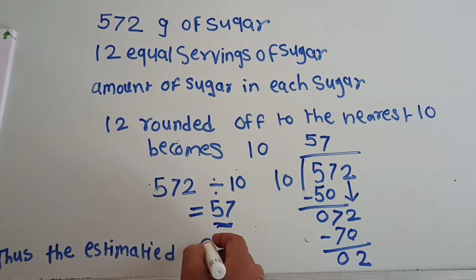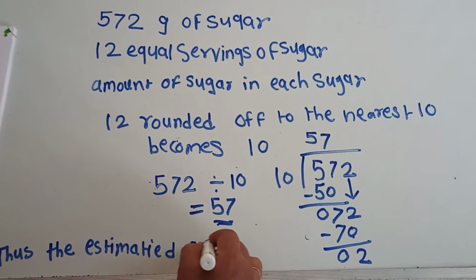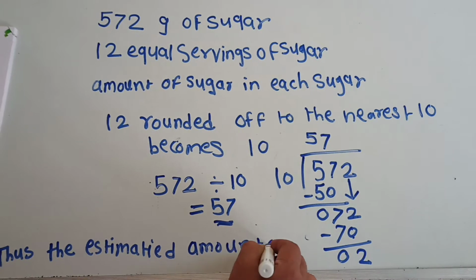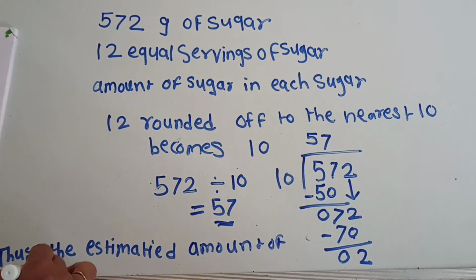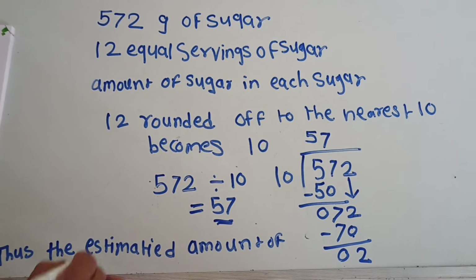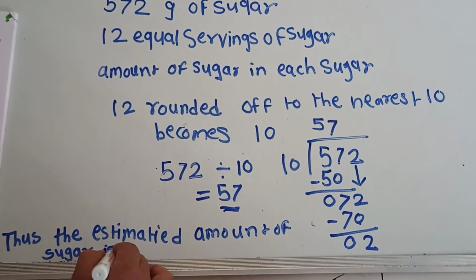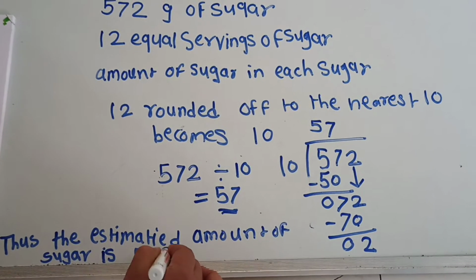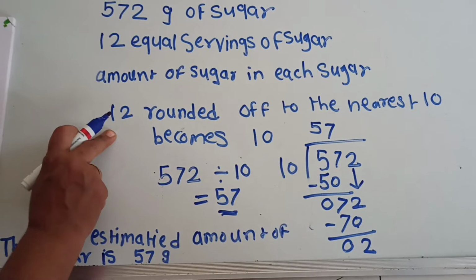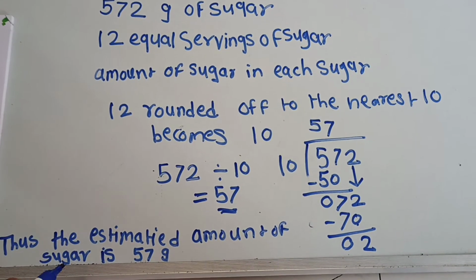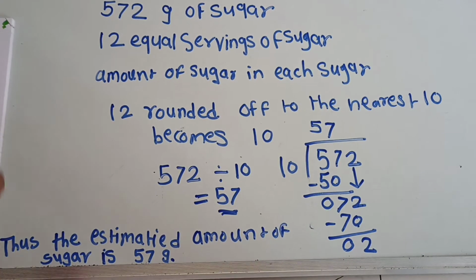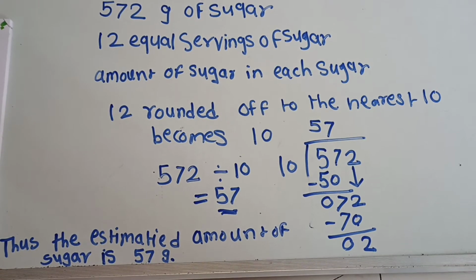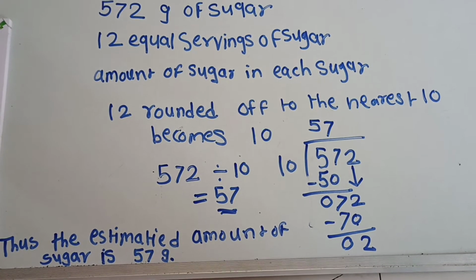Estimated amount of sugar is 57 gram in 12 servings. Like this you have to solve the word problem of estimating quotient.